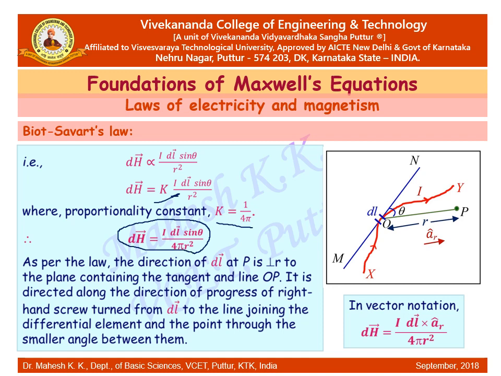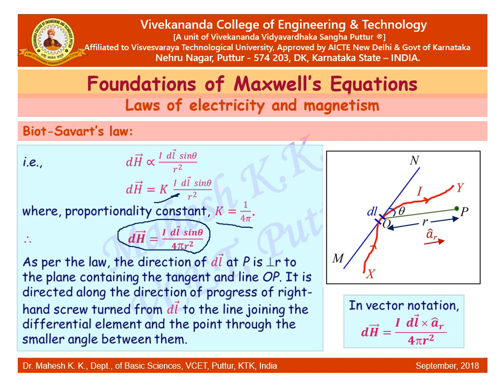As per the law, the direction of dH at P is perpendicular to the plane containing the tangent and line OP. It is directed along the progress of a right hand screw turned from dl to the line joining the differential element and the point through the smaller angle between them.